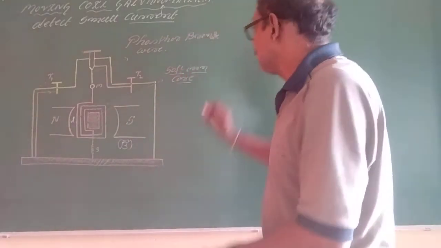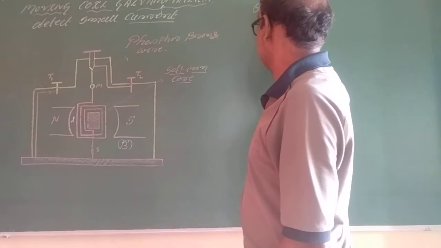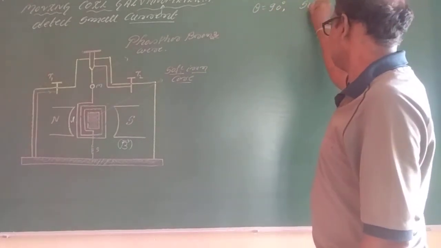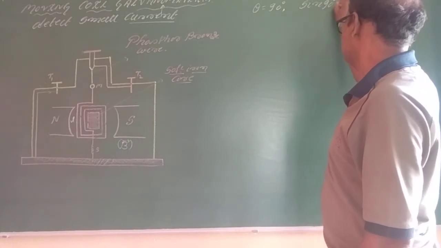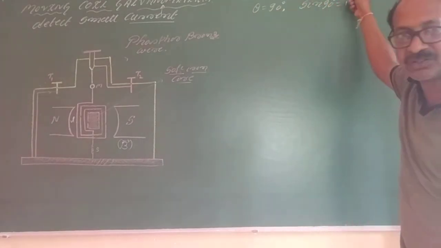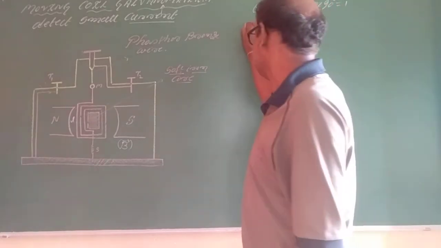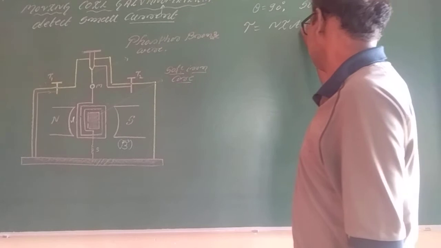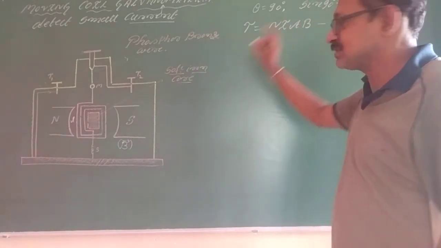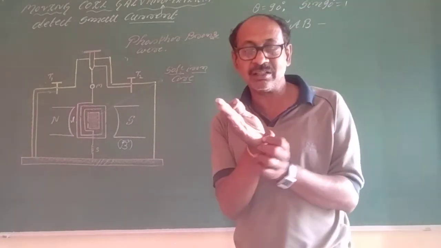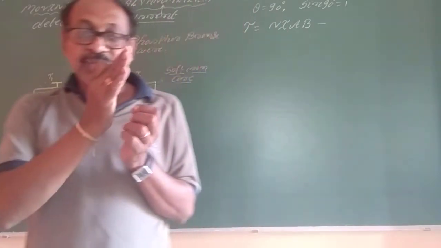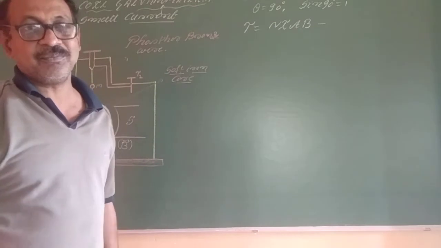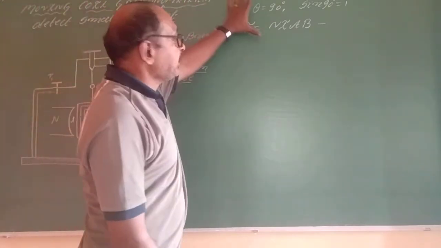Now let us say theta is equal to 90 degrees. When theta is 90 degrees, sin 90 is equal to 1. So the equation becomes tau is equal to N I A B. This is considered the deflecting torque.